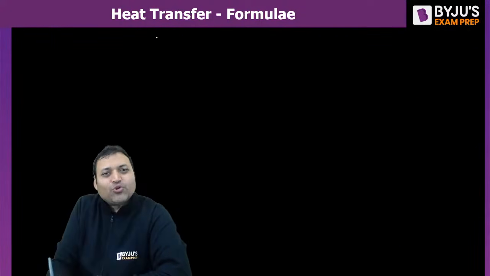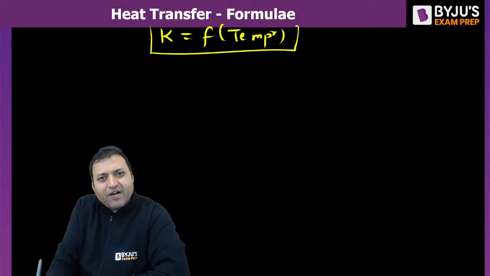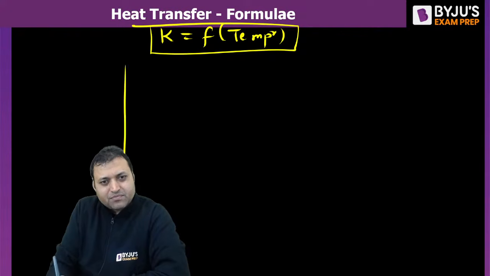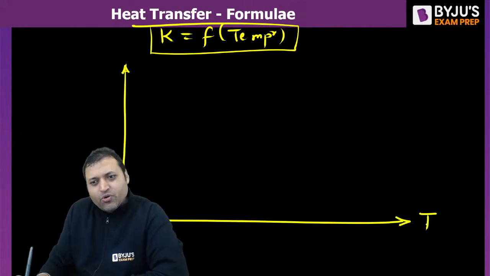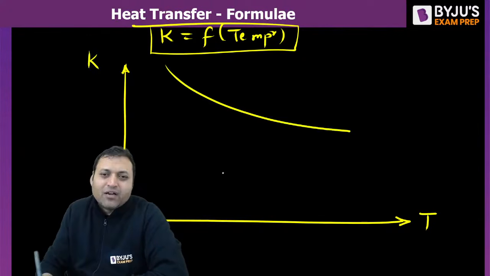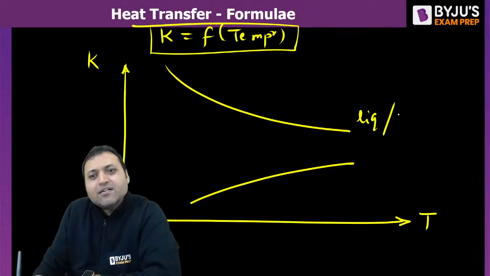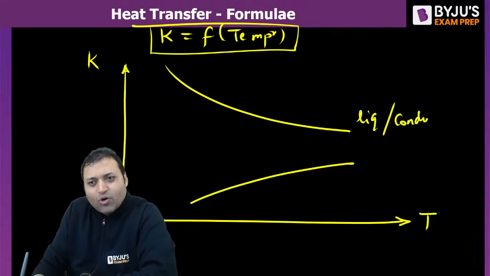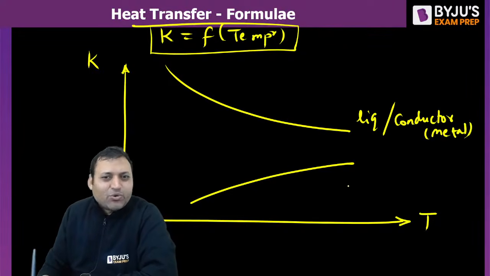And as you should know, K is a function of temperature. The thermal conductivity of a material is a function of temperature. If we show the thermal conductivity versus temperature, for liquids and conductors or metals, by increasing the temperature, thermal conductivity decreases.